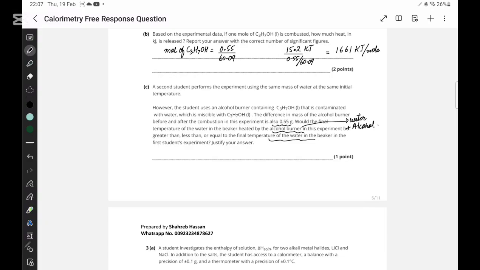Because water has been added into the fuel. So with a combination of water and fuel, it is going to be less than the value measured by the first student. Why?